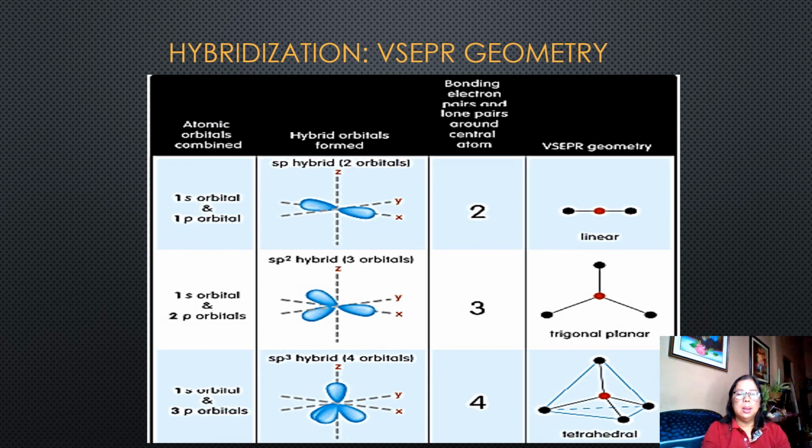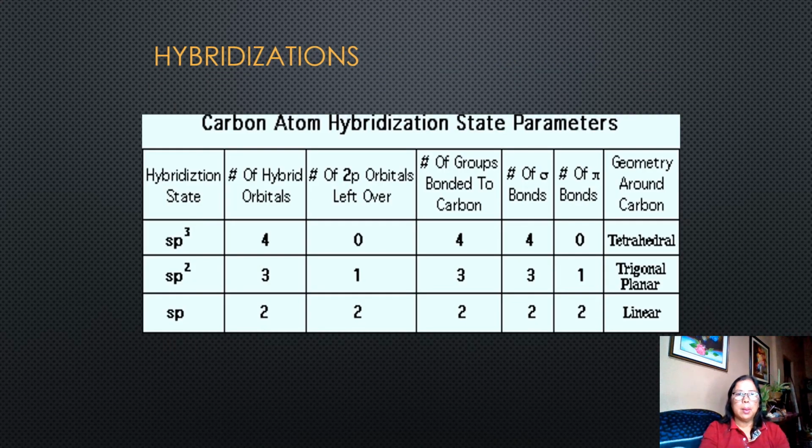Okay, this is a simple illustration of the different VSEPR geometric structures of carbon, the possible atomic orbitals combined through geometrical structures. You have to memorize, not only understand, but both memorize and understand the carbon atom hybridization state parameters.